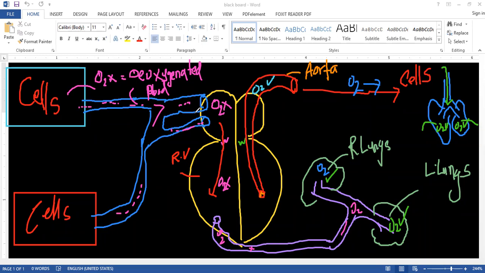Deoxygenated blood is coming to where? Right atrium. Then it comes to the right ventricle, that is also deoxygenated blood. Then it moves towards this. What is this called? Pulmonary artery.